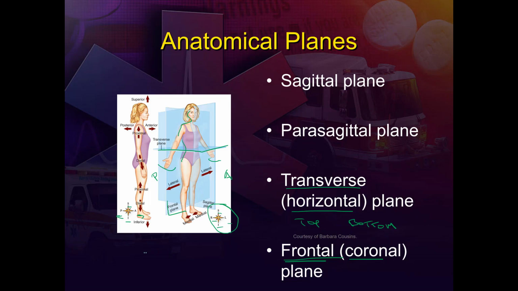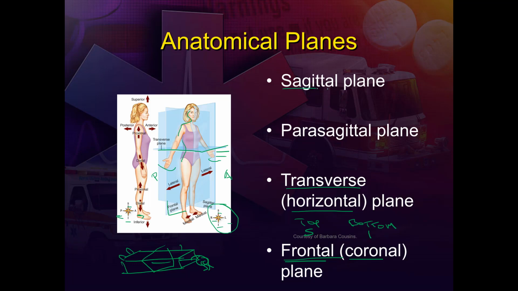Now, if we had a magician and he took this young lady as his assistant and put her into a box, maybe her arms are sticking out here and she's got some big feet sticking out, and he cut her in half right down that section. He would be cutting along the transverse plane. So the transverse plane separates not just top from bottom, but the term we could use is superior and inferior.